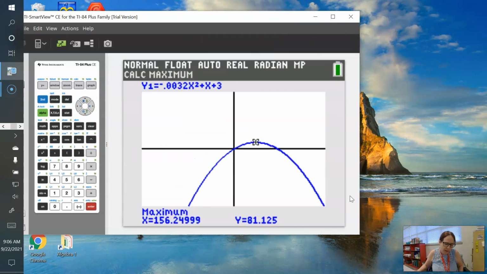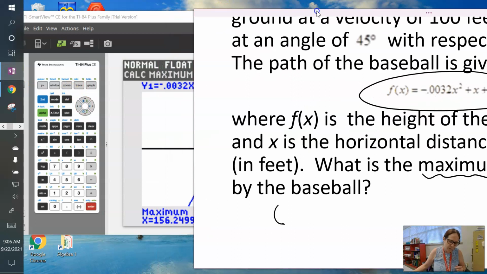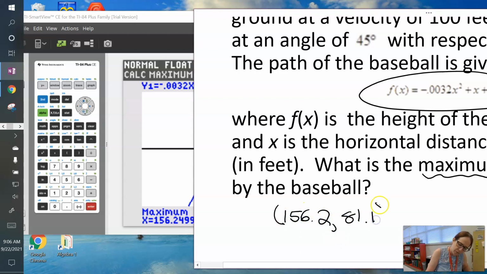My maximum is at x is 156.2 and y is 81.1.